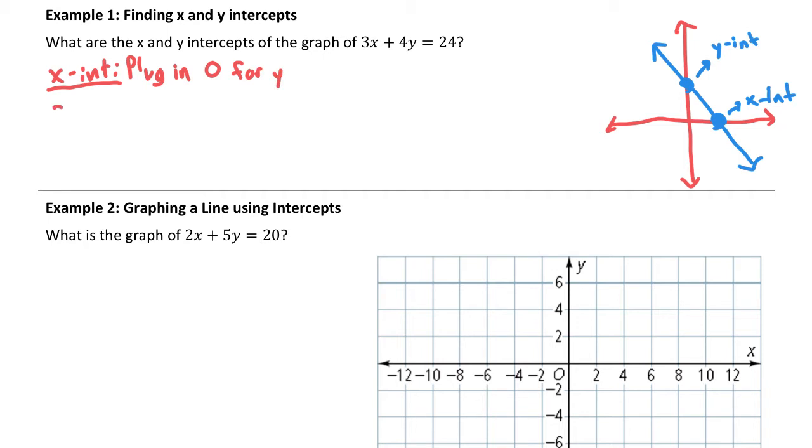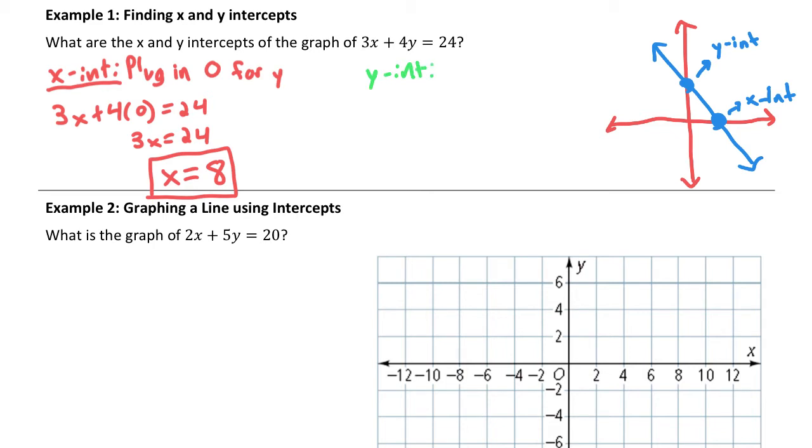So this equation becomes 3x plus 4 times 0 equals 24, which really is 3x equals 24. So the x-intercept would be 8. Okay? That's how you find the x-intercept of a line.